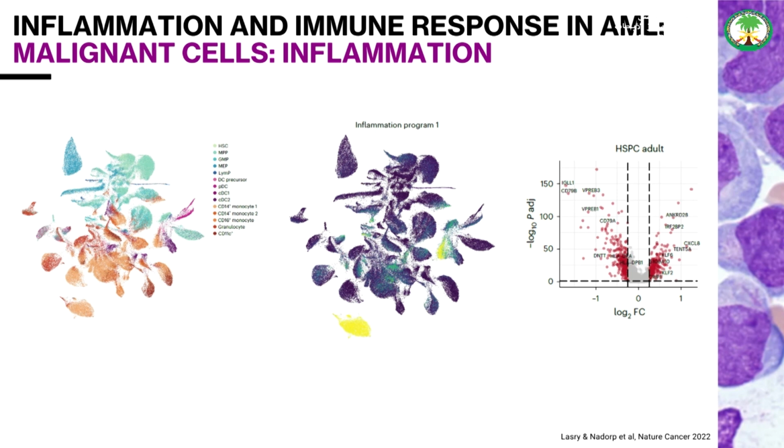And what the investigators did was that they derived a differential gene expression profile and were able to separate the malignant cells from the microenvironment. The malignant cells on the left-hand side that you can see are red, the microenvironment is yellow. And when you looked specifically at the malignant cells, you can see an increase of inflammation. This is very apparent, if you compare it to normal cells, not only at the AML stage, but already if you then integrate these data with the malignant cells from MDS, as well as the clonal mutation harboring cells from clonal hematopoiesis patients.